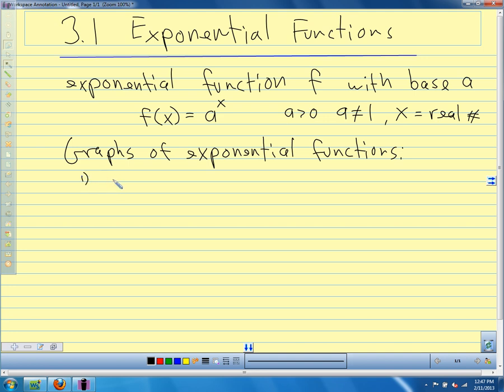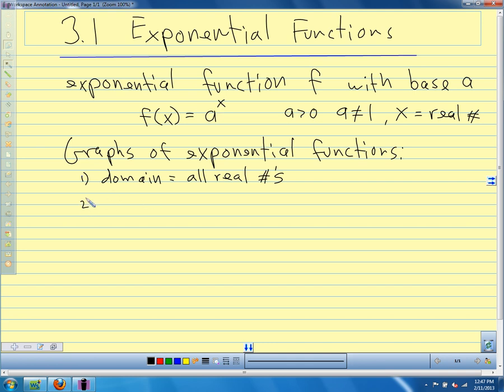Our facts about our graphs, the domain. Domain is all real numbers. So I can put any number in for x. There's no numbers give us a problem with this function. So our domain is all real numbers.